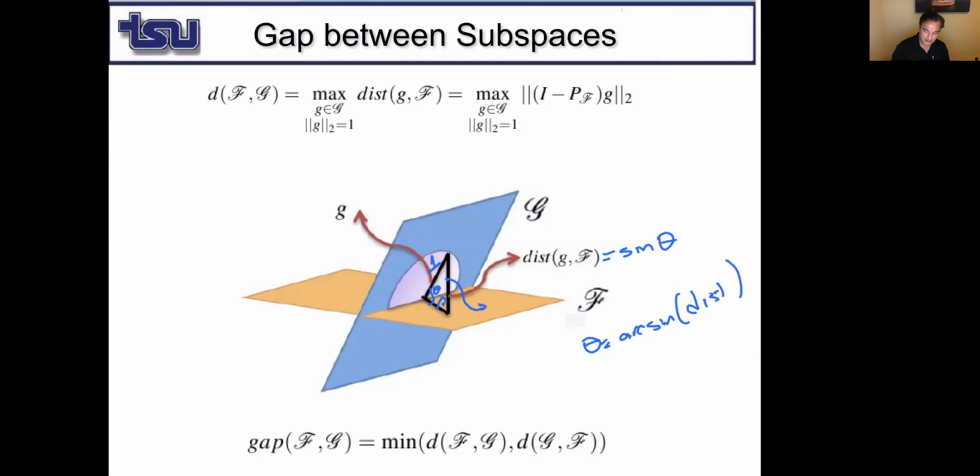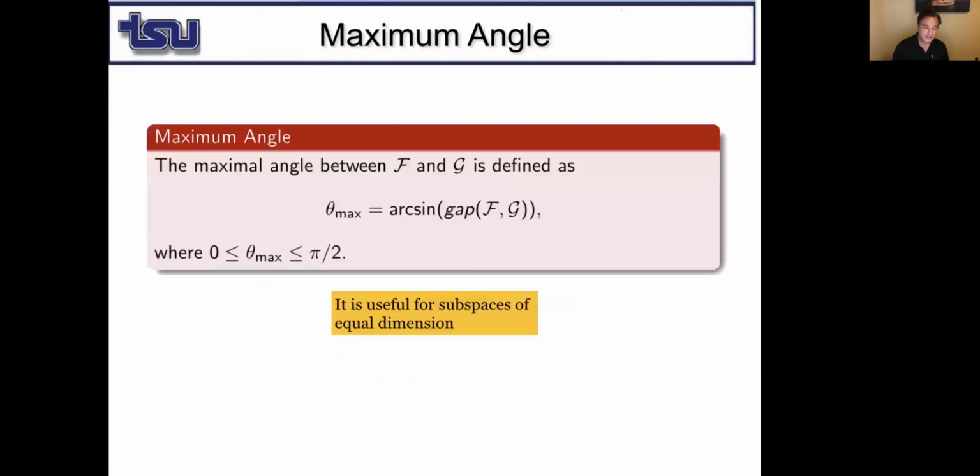So here, let's go to the next slide again. The maximal angle in this case is defined as what? Arc sine of the gap between F and G. Now the minimal angle was good for complementary subspaces. Maximal angle is good for what? Non-complementary subspaces.